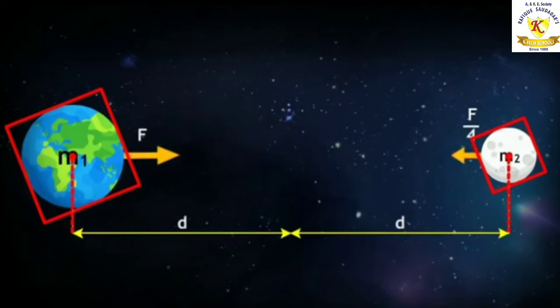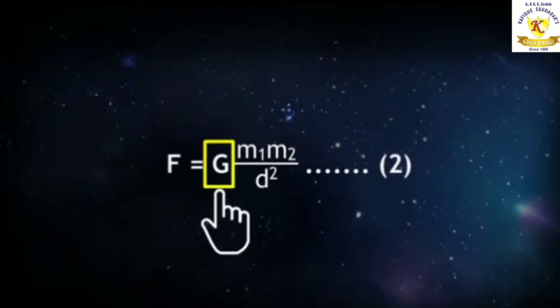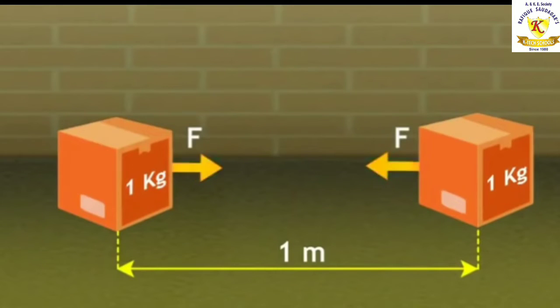From equation 2, it can be seen that the value of G is the gravitational force acting between two unit masses kept at a unit distance away from each other. Thus, in SI units, the value of G is equal to the gravitational force between two masses of 1 kg kept 1 meter apart.